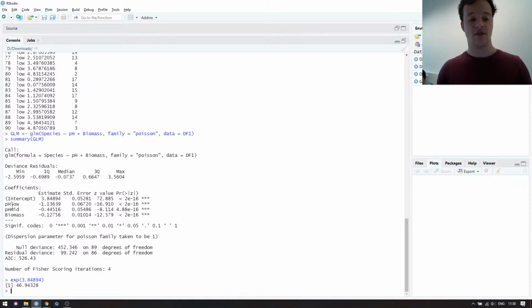Okay, then it says if your pH is low, it is minus 1 point something, so it's 1.1 lower than the intercept. So anyone have an idea how I can get this one back on the original scale? So if I want to know what are the expected counts for low pH.